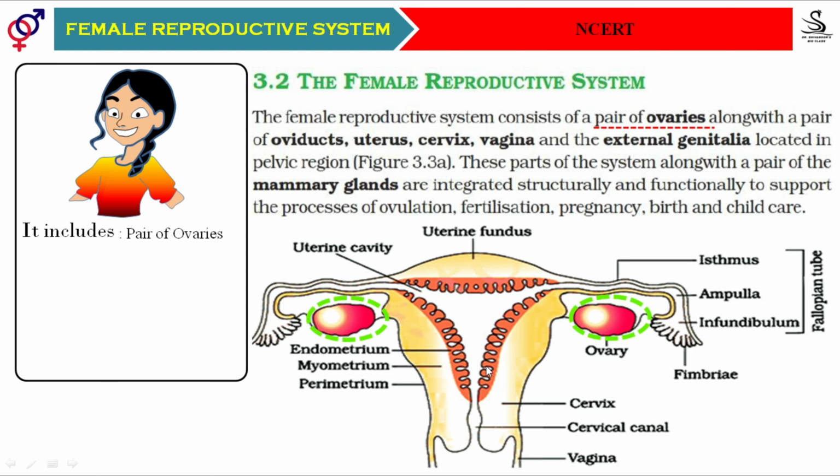This is the entire uterus region, and they are connected to the wall of the uterus, and even to the pelvic wall also. In addition to that, we find long elongated tubular structures. Those tubular structures are called oviducts. Oviducts are also called fallopian tubes.